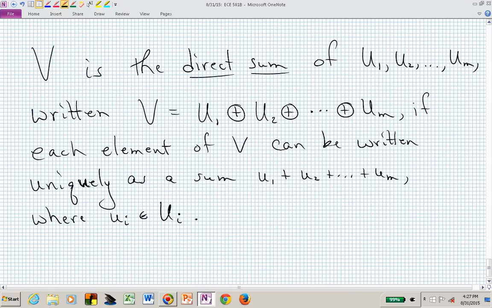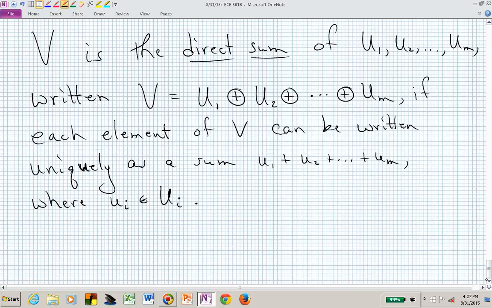Meaning we want to be able to represent any element in V as a unique sum of elements coming from those little m subspaces.